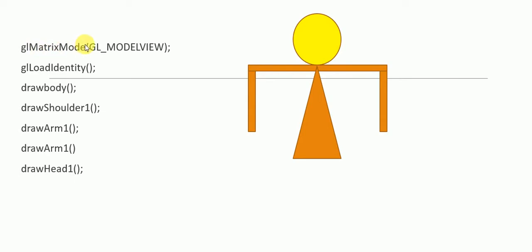The matrix mode, model view, load identity, that is the identity matrix, draw body, draw shoulder, draw arm, and draw head. So for a body, these three become the child matrix for a body. Shoulder and arms become the child matrix, and head and body you can separate.